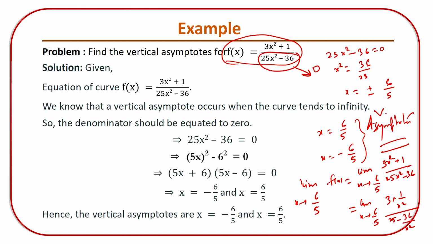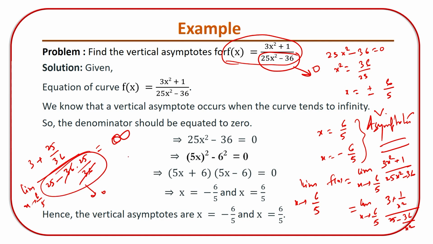Finding the limiting point. And now put this value x to 6 by 5 here. This will come out as 3 plus 25 by 36, divided by 25 minus 36 into 25 by 36. 36 cancels out, and taking the limit x tends to 6 by 5, this will give you 0 in the denominator, so the whole function is approaching infinity.